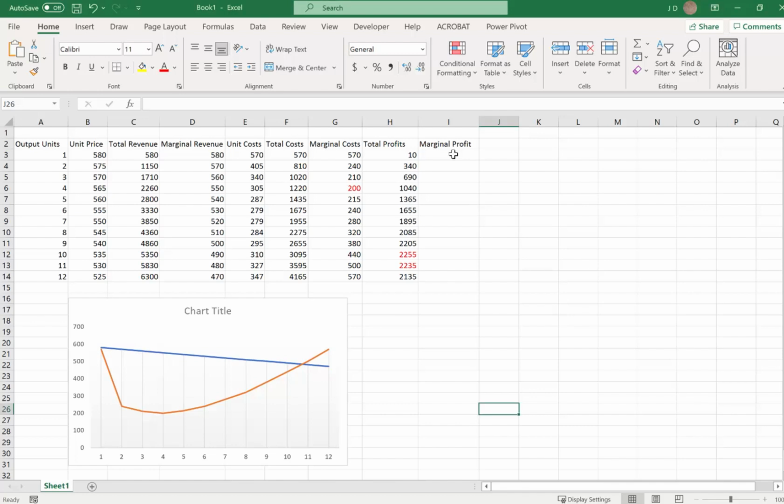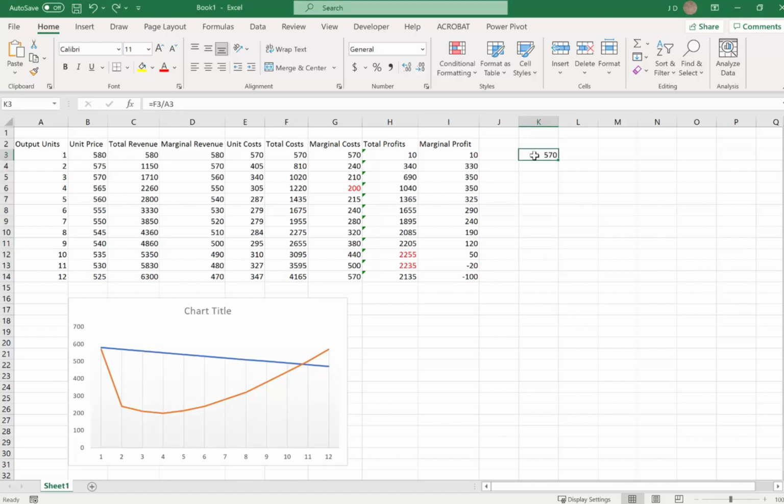We can see here your marginal profit from 0 to 1 is 10, but from 1 to 2 is 330. And then at one point, it turned negative right here. So that's the concept of marginal analysis.